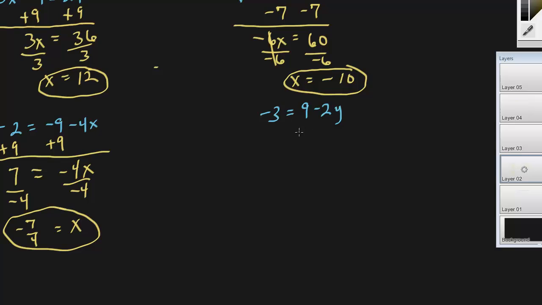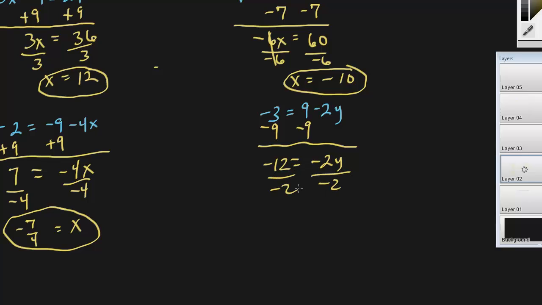This 9 is positive, so we need to take it away. That way it becomes 0. You can see how that right there is going to become 0. Subtract 9 from both sides. Make a very wavy line there. And this will be negative 12 equals negative 2y in this case. And we divide by that coefficient.